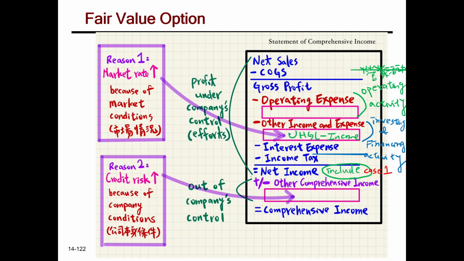So in the second case, we put it into unrealized holding gain or loss, dash equity. So the second case will not be part of your net income. Any questions?